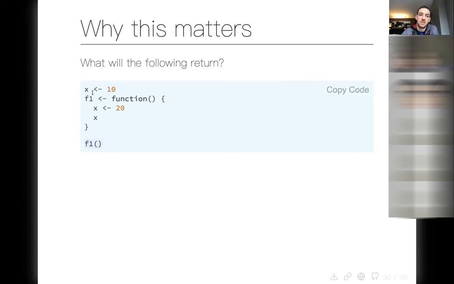Should it return 10, because x is defined as 10 here and it's returning x? Or should it return 20? What do you think? Give me a thumbs up if you think it's going to return 10, and a thumbs down if you think it's going to return 20.